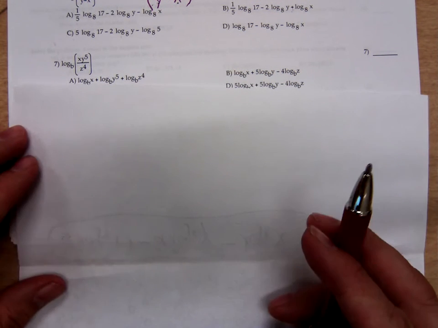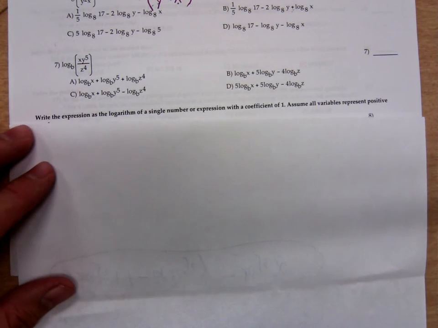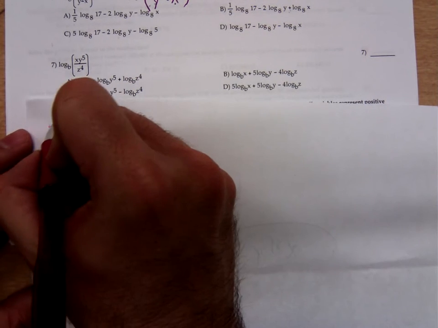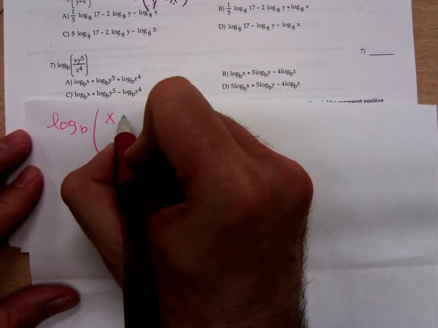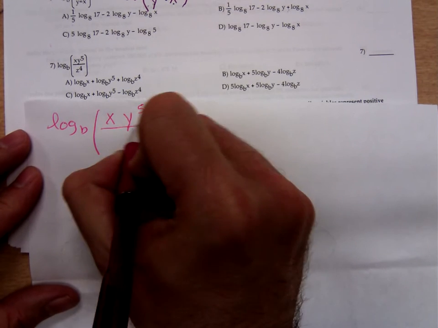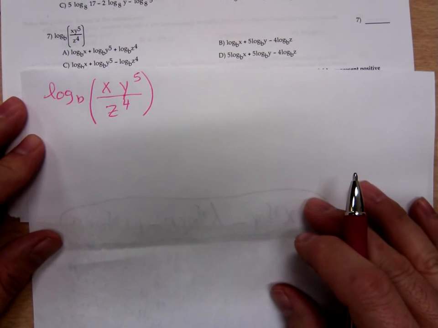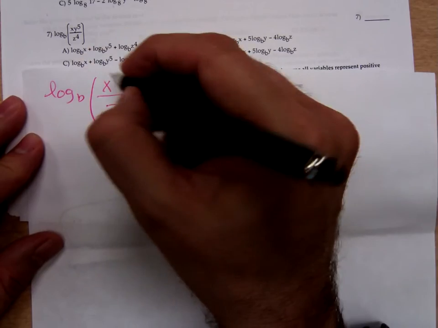Log base b of x y to the 5th over z to the 4th. Sometimes you can just do it by looking at the answers, and hopefully that's true. But I'm going to write it out, because I feel like I've got to do something. x y to the 5th over z to the 4th. Well, we separate at multiplication and division.